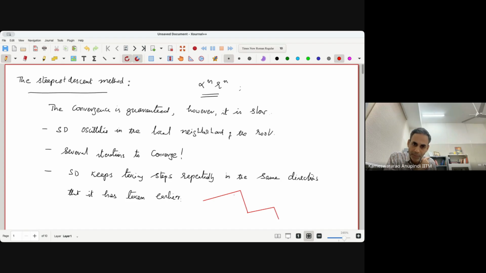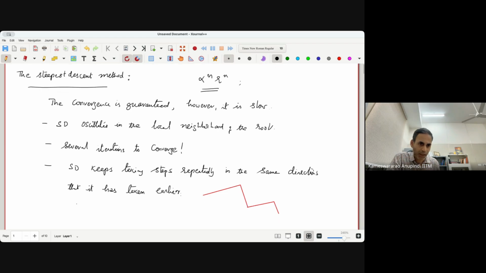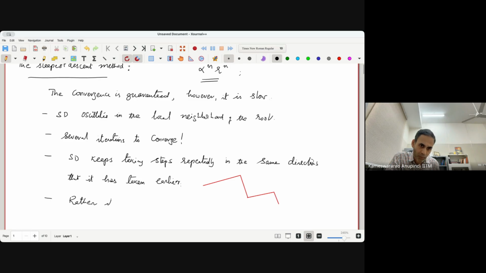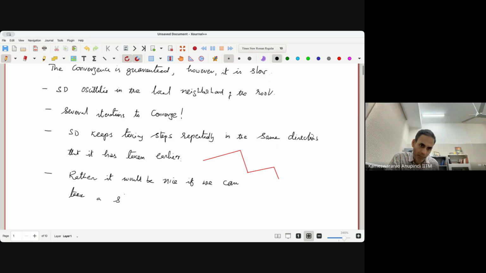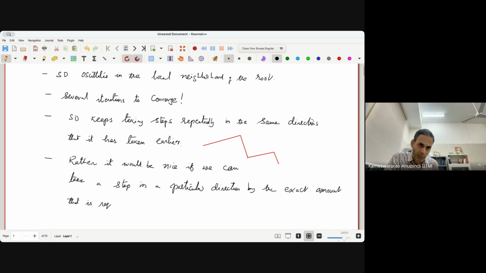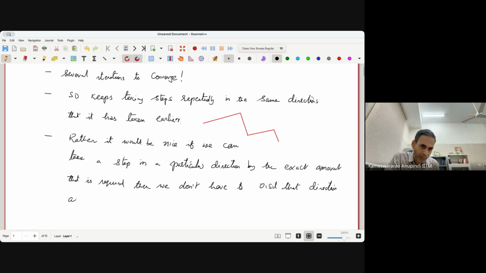Rather, it would be nice if we can take a step in a particular direction by the exact amount that is required, then we don't have to visit that direction again, right?